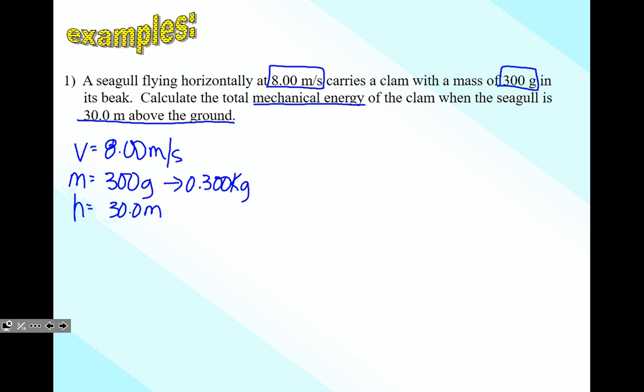So I'm going to go ahead and write the formula. EM is equal to EK plus EP. We know this. So now we have to include the formulas of EK and EP. So EM is equal to 1/2 mv squared, for kinetic energy, plus mgh.